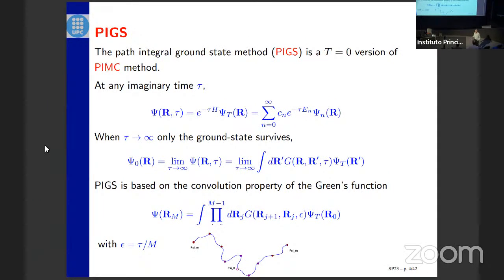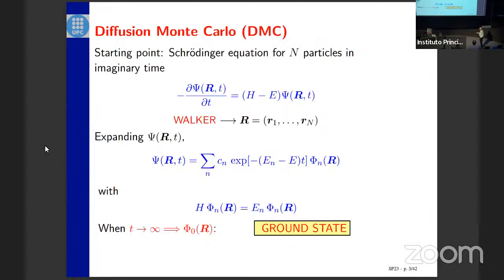Why is it called diffusion? Because you write the Schrödinger equation in integral form in terms of the Green's function of the system. The Green's function at short time, the part that comes from the kinetic propagator, is just a diffusion in imaginary time. So it's like a classical diffusion.